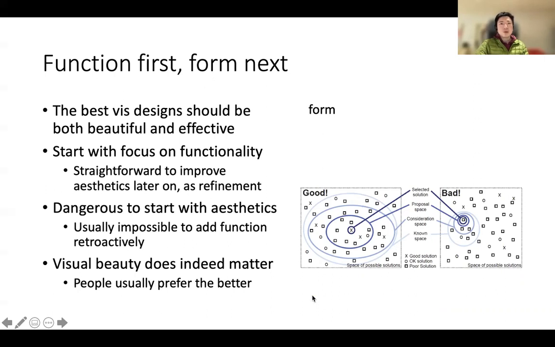If you give people two pictures, one in 2D, one in 3D, without any other information, and they have to pick which one they like better, they might pick the 3D one. Or if you give two versions, one more colorful than the other, and without any other information, people might still pick the more colorful one.